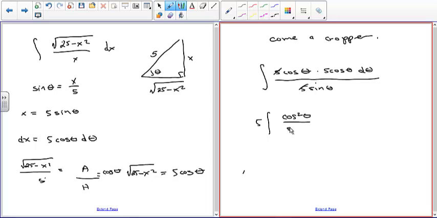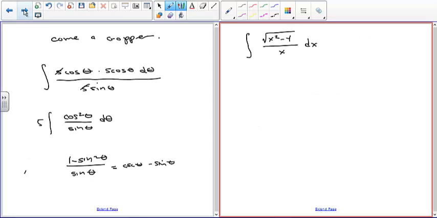This looks familiar. You did it as an example. Oh, did we? Yeah, it seems familiar. So what did we do? We don't need to finish it. We used the trig identity, and we ended up with cosecant theta minus sine theta. Okay, let's go to the next one. We already did that one.